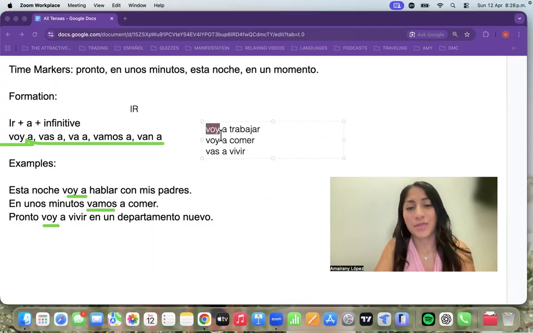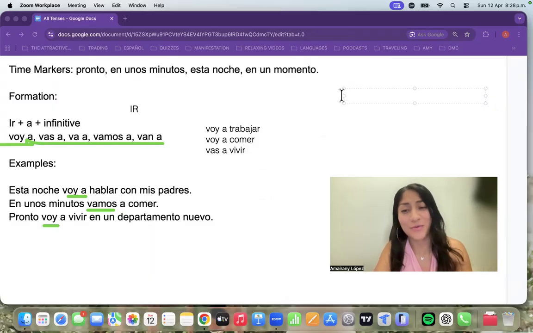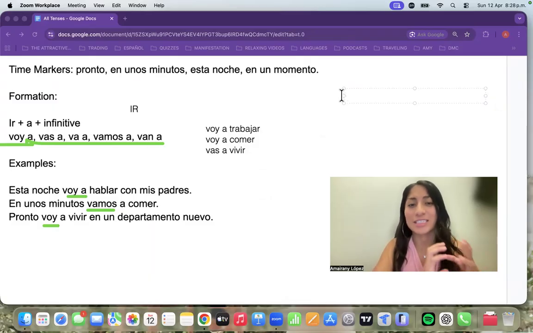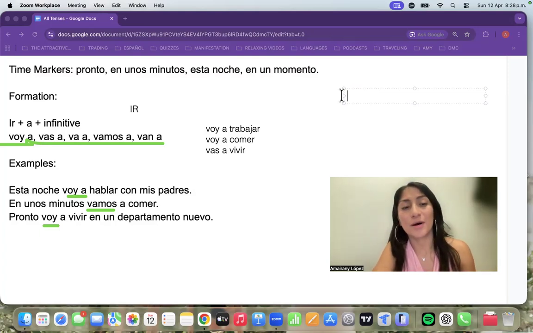So you can play with these as much as you want. And the verbs, they stay the same. Any verb that you want to use, you can just use its natural form, the infinitive, the root word. That's the really cool thing about using this kind of future. It's very, very easy.